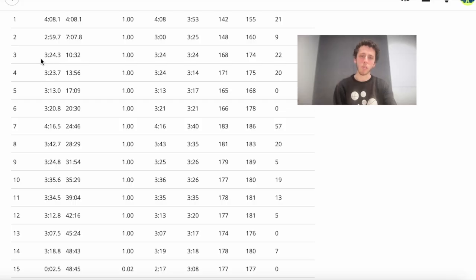And with the downhill, it happened to be a 3 minute kilometer, which is perfect and can't ask for anything better. And then most of it was pretty good. You can see 3:24, 3:23, 3:13, 3:20, so about that sort of pace.